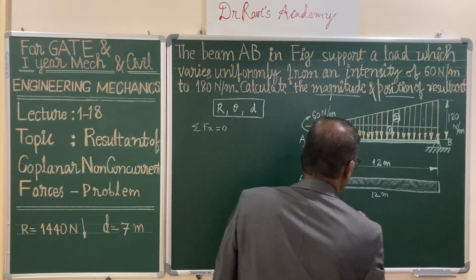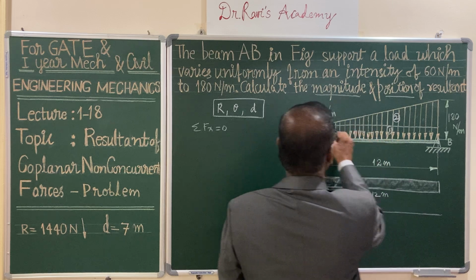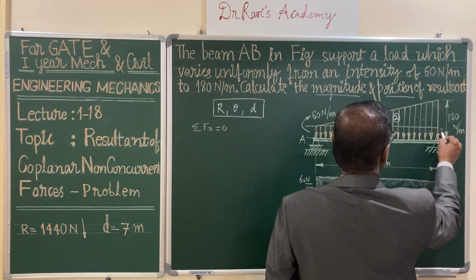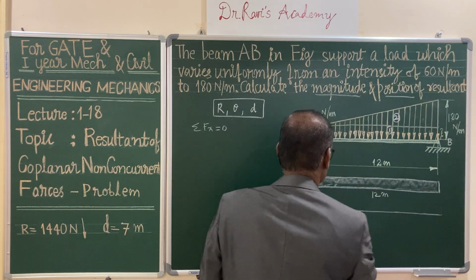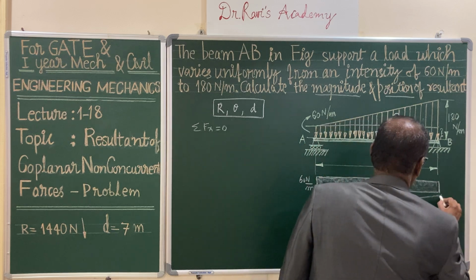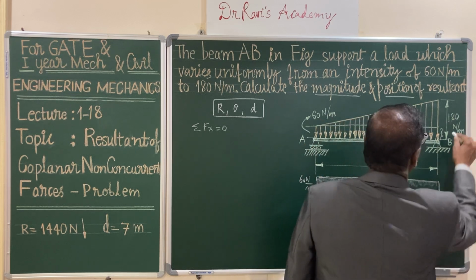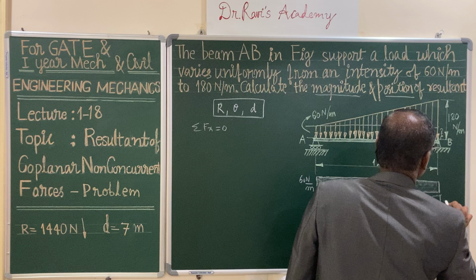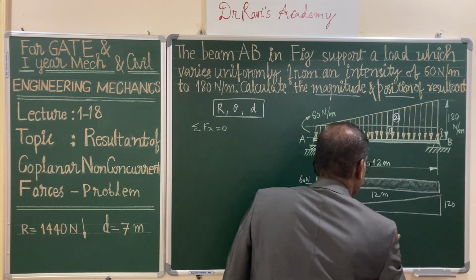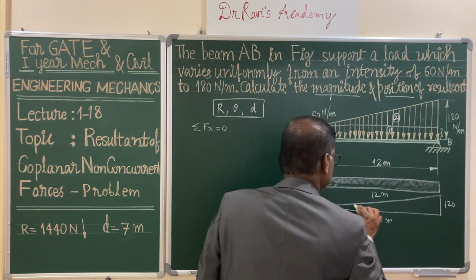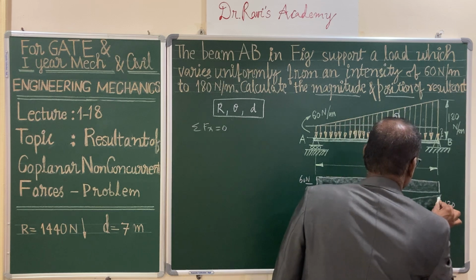And another loading is a triangle. The triangle has a height of 180 minus 60, that is 120 Newton per meter, and 12 meters is the base, and it is a right angle triangle.